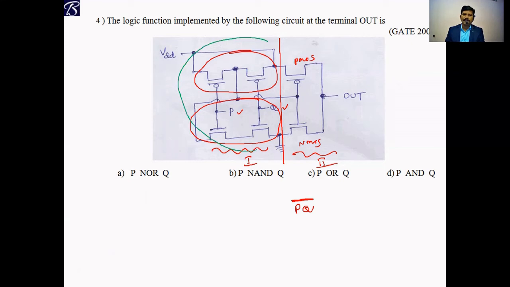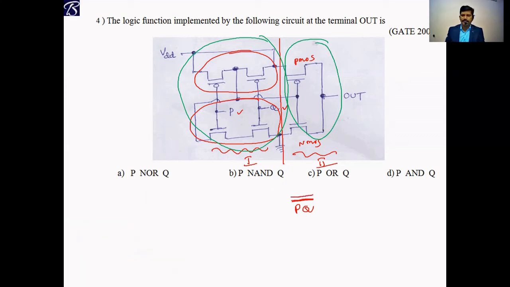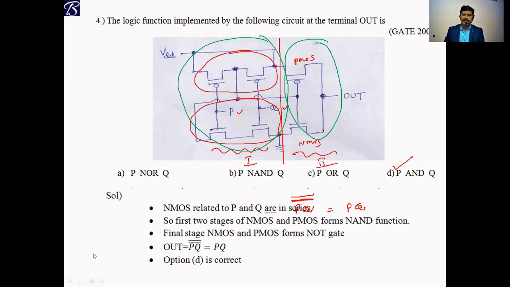And for this total circuit, this acts as an inverter, so take bar once again. The double bar gets cancelled. Answer is PQ, that means P and Q, AND operation. So option D is correct. Let us check the answer. Yeah, option D is correct.